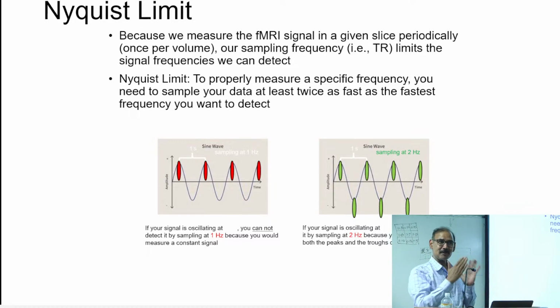Very good. So if it's 1 millimeter by 1 millimeter, then your spatial resolution must be 0.5 by 0.5. If it's more than that, you won't be able to reliably detect that region.